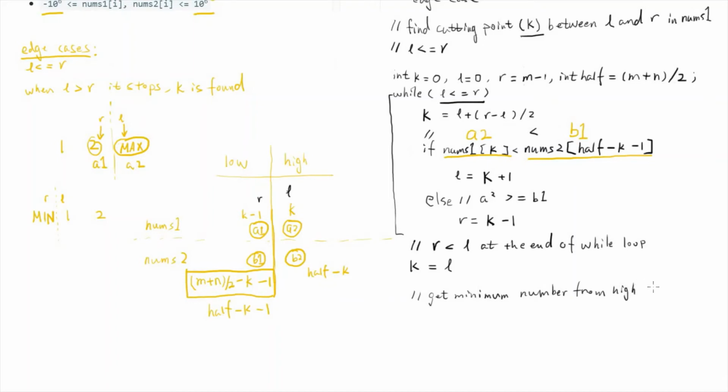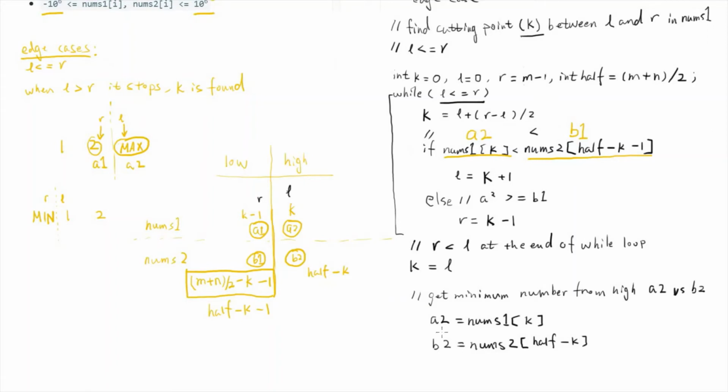The candidates are A2 and B2. So here, A2 is nums1, k. And B2 is nums2. The index is half minus k.